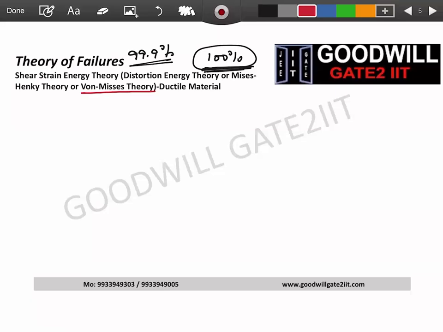Now, this theory has some interesting names. So, von Mises theory, another most common name given to it is distortion energy theory. All right, so they can use any one in your GATE exams. Up till now, they have always used von Mises, but people know this as distortion energy theory also. Although it is very limited in standard textbooks, this theory is also known as octahedral theory.